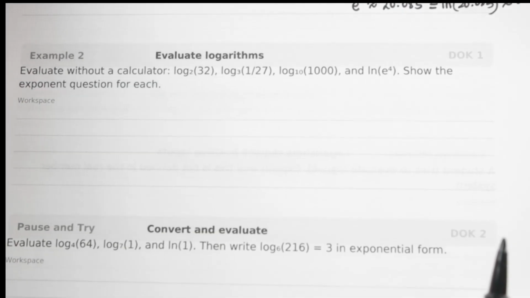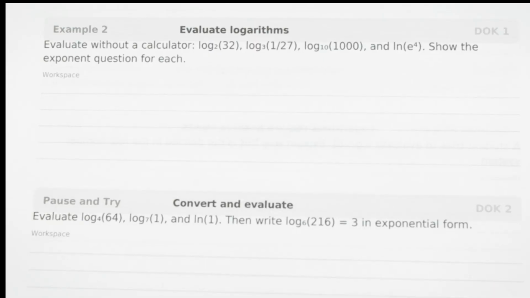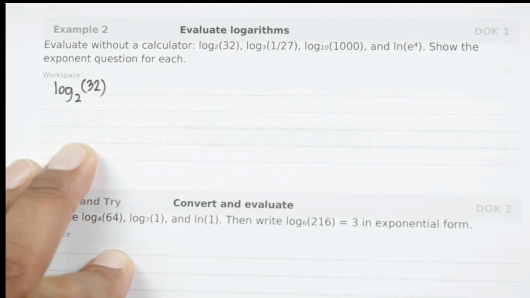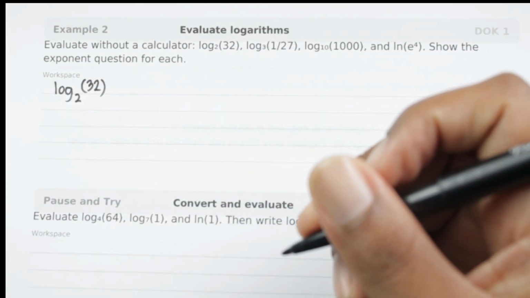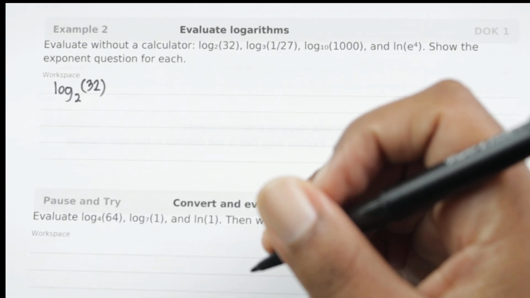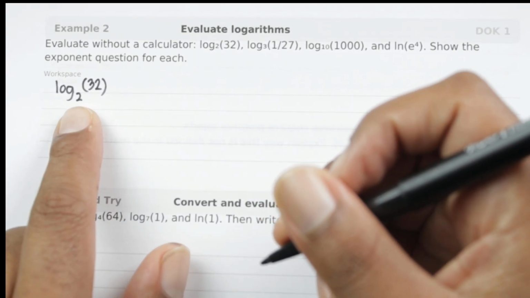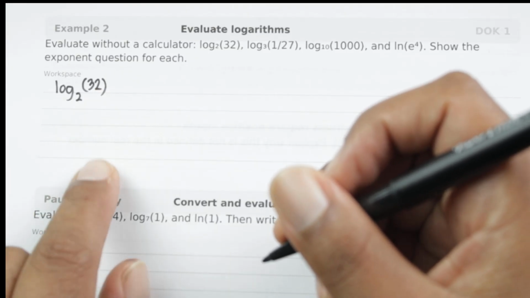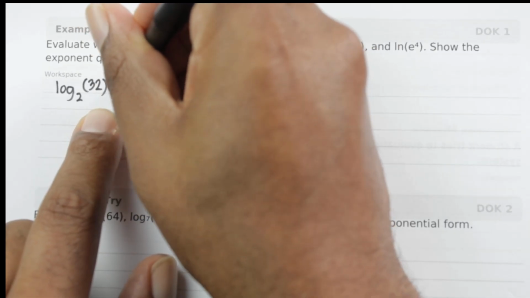Example number 2. Example number 2 says evaluate without a calculator the following. Okay, so we have log base 2 of 32. Let's deal with that one first. So log base 2 of 32 is asking us, 2 raised to what power will give us 32? That is going to be 2 raised to the 5th power.